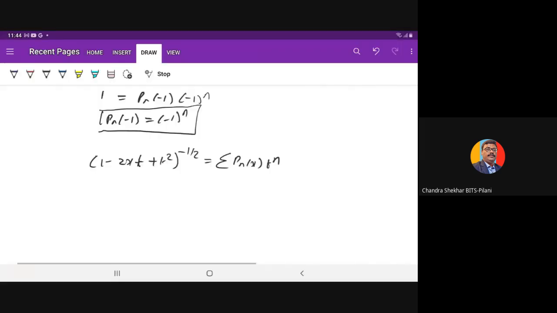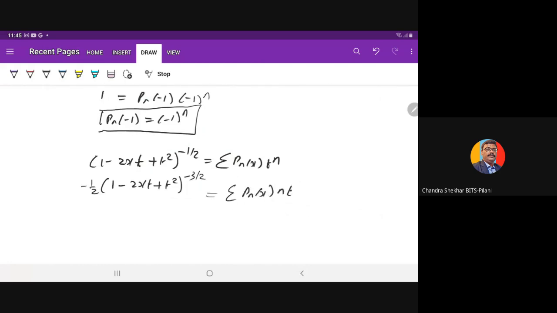So when we differentiate this with respect to t, we have minus half times (1 minus 2xt plus t square) to the power minus 3 by 2 is equal to the summation P n of x n t to the power n minus 1.